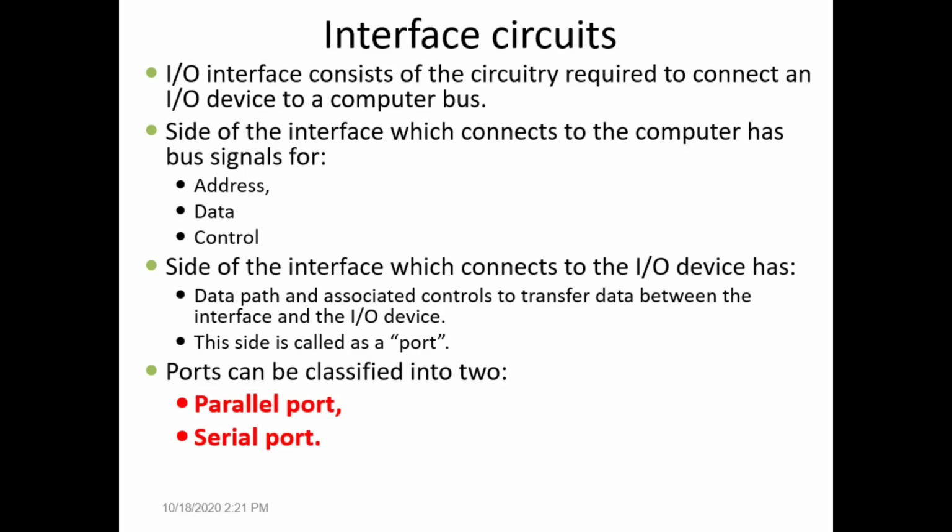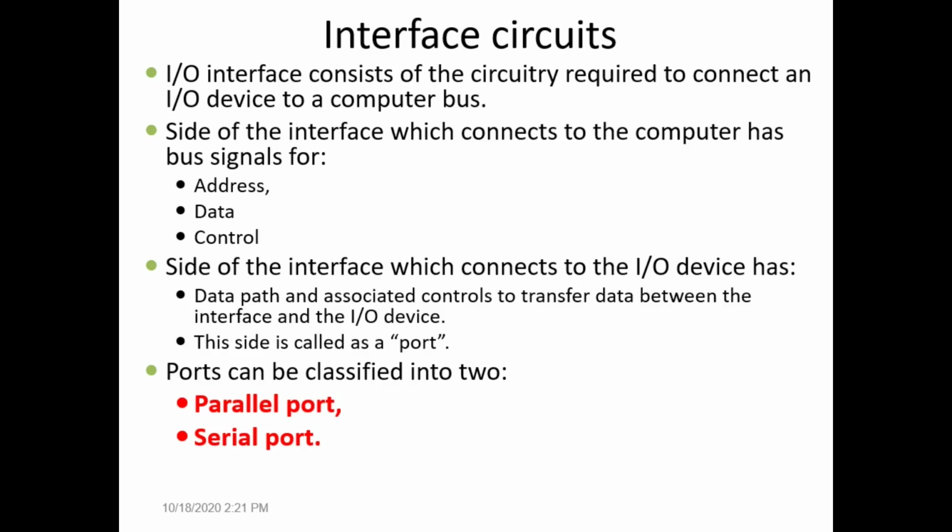Even the speeds of different I/O devices are different. So to remove all these differences between the working behavior of I/O devices and the processor, the interface circuits handle all these differences, so that the processor works in the same way with all input-output devices.